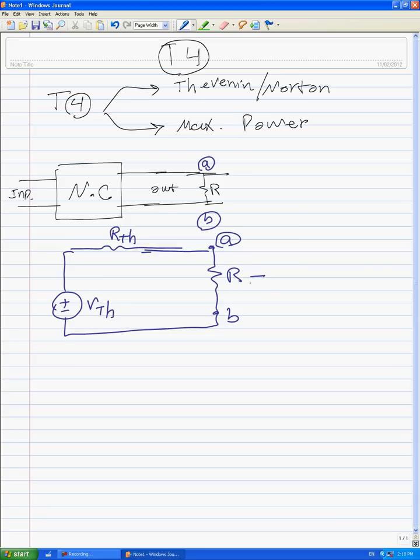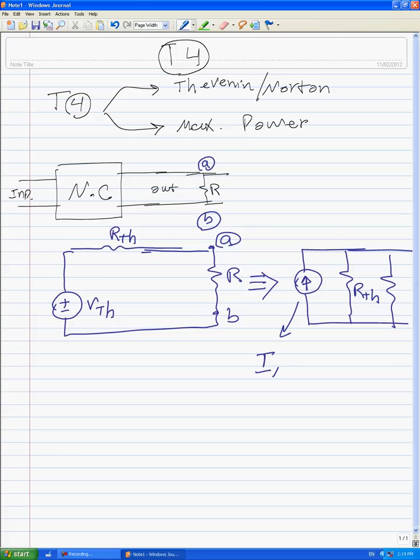And also we can change this voltage source to a current source like this. This is RTH, and this current, which is called I Norton or IN, is equal to VTH over RTH.